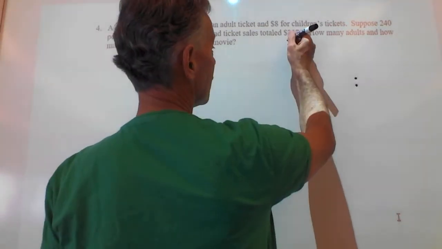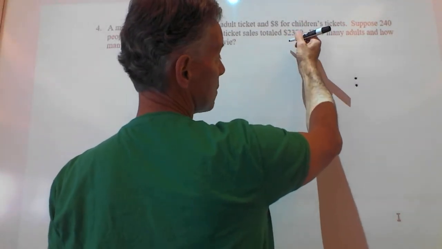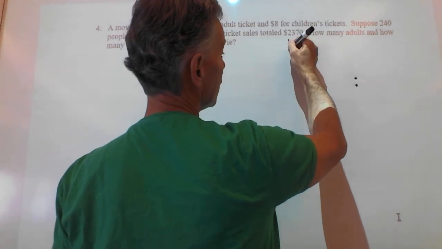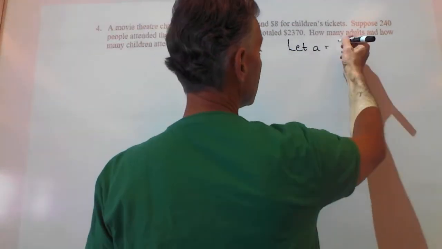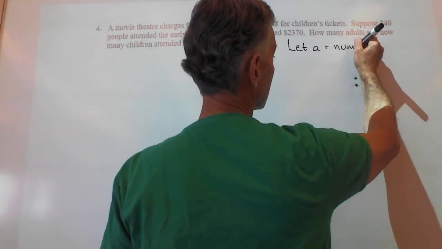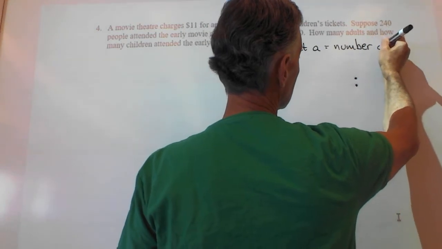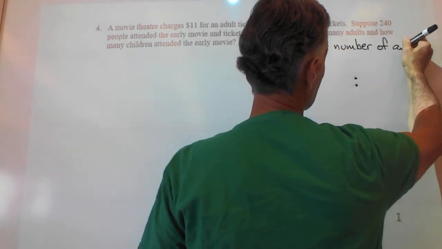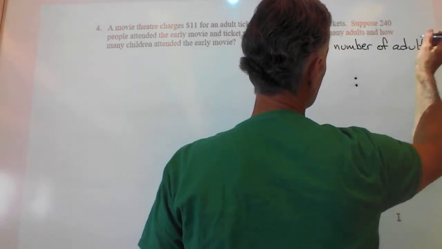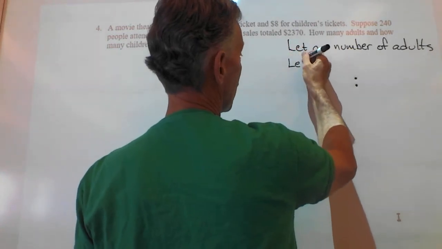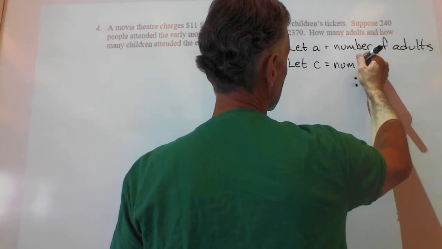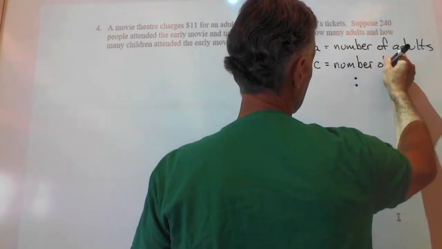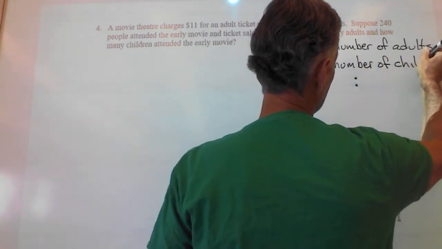So this time, we can use the same variables if we like, and we'll say, let A equal, but this time it's not the cost of an adult ticket, it's the number of adults. Let A equal the number of adults who attended. And then we're going to say, okay, let C equal the number of children who attended.